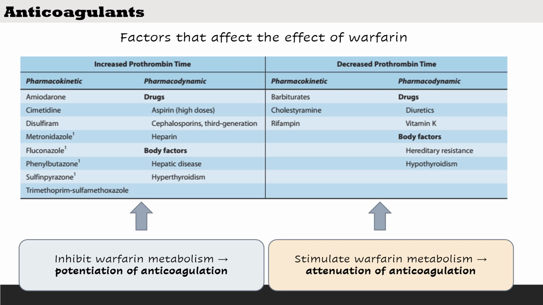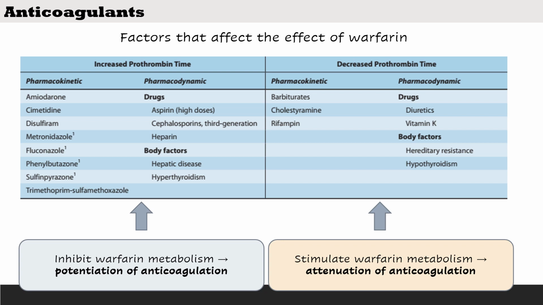For example, if you give aspirin together with warfarin, you're giving an anticoagulant and an antiplatelet together, so you have a higher risk of bleeding. If you have hepatic disease, warfarin cannot be metabolized, the anticoagulant effect is too much, and you have a risk of bleeding.